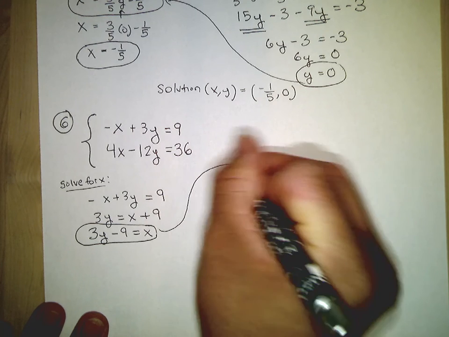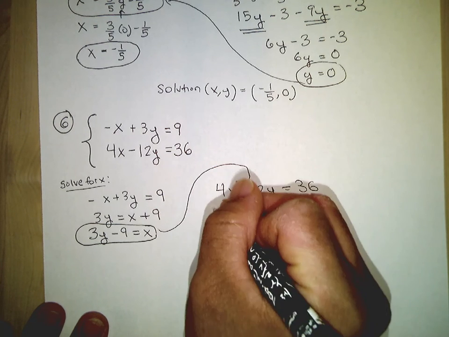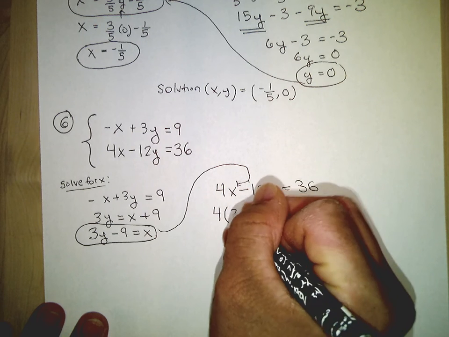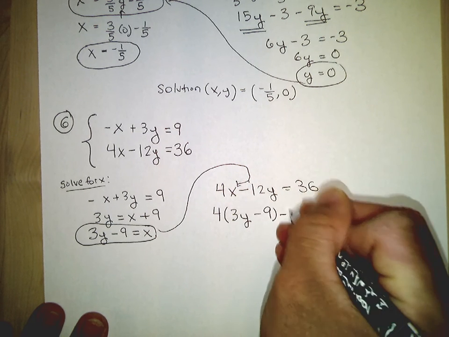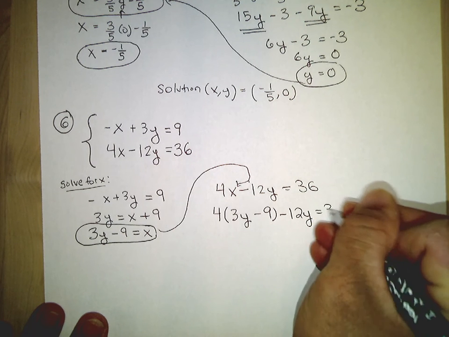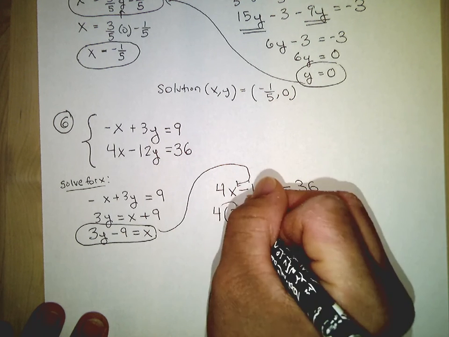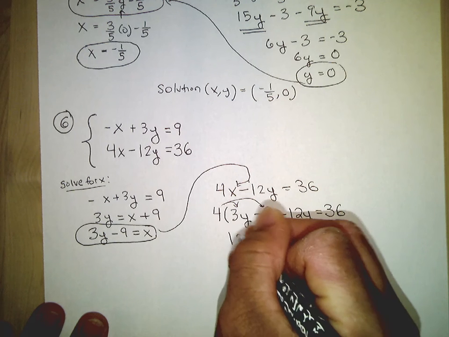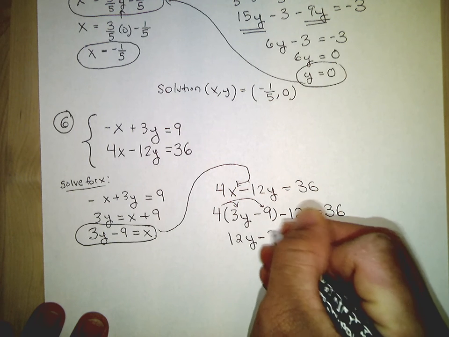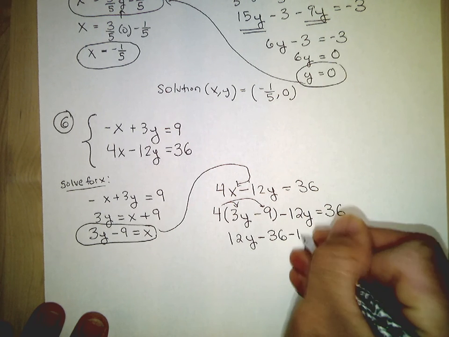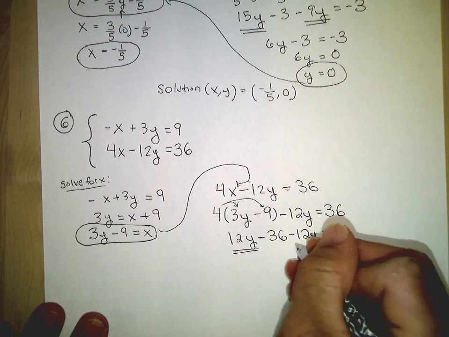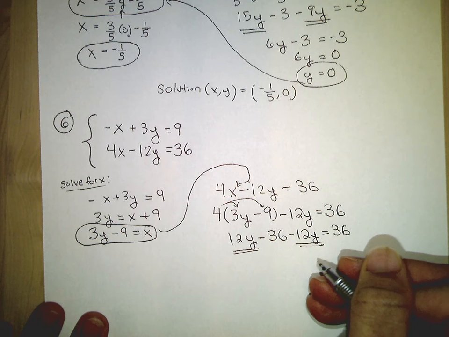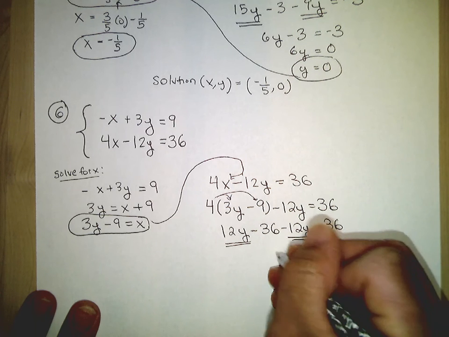All right, for x to get 4, and then in parentheses 3y minus 9 minus 12y is equal to 36. Distribute the 4 here to get 12y minus 36 minus 12y equals 36. Combine like terms. 12y minus 12y is 0.